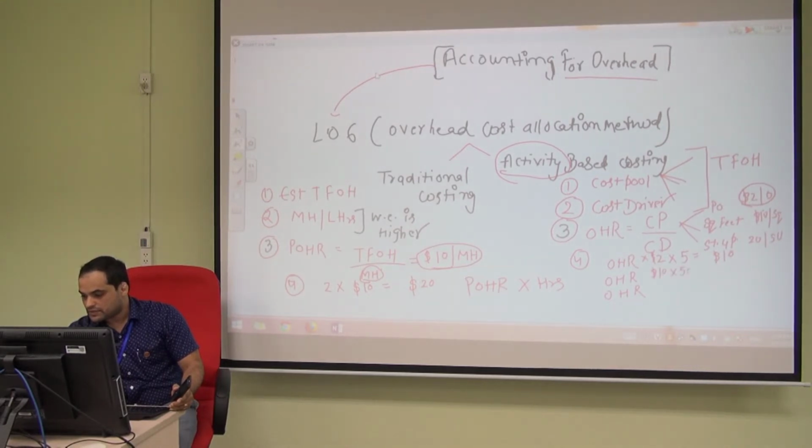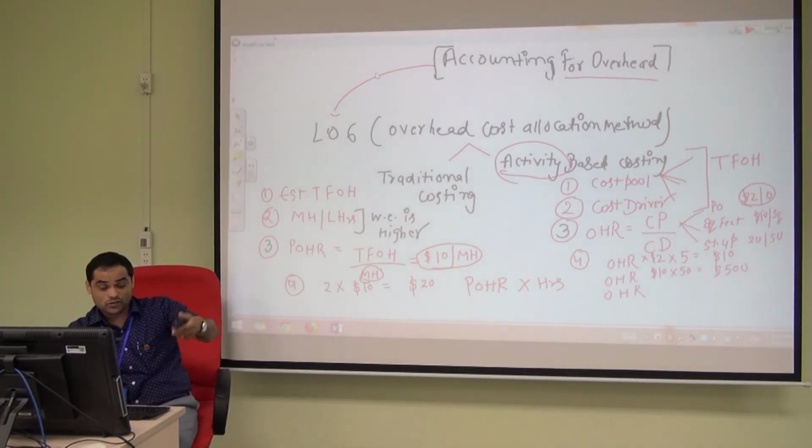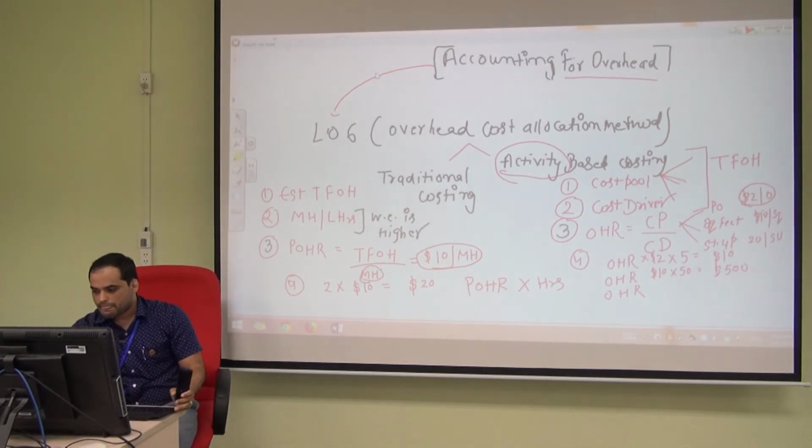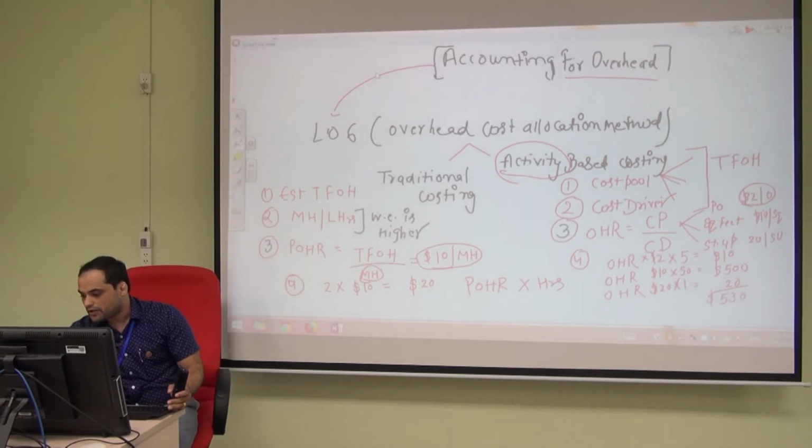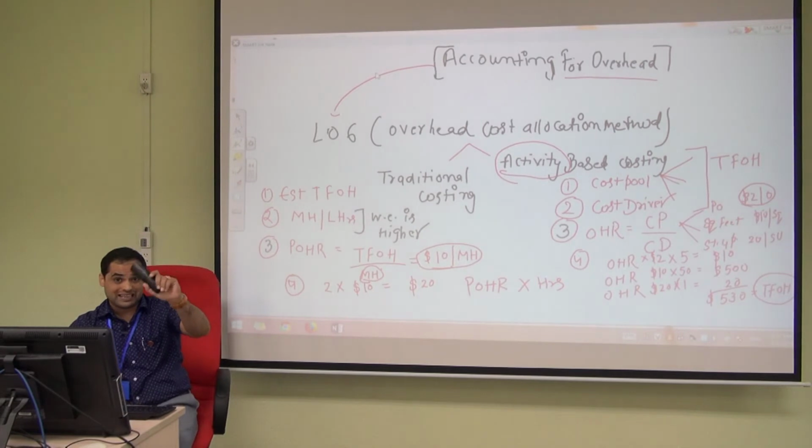So $500 is the cost allocated, meaning your factory overhead for rent allocated to this product is $500. And you set up, let's say, 1 time, so $20. So $530 is your total factory overhead allocated to this product.